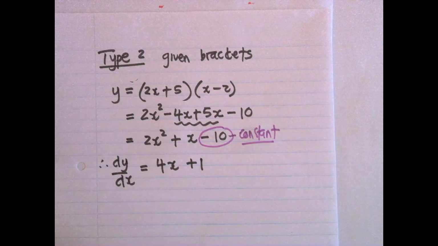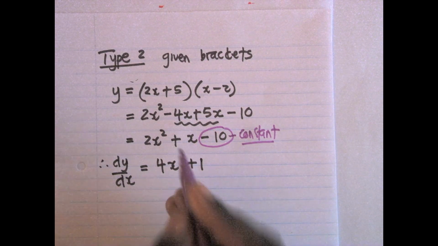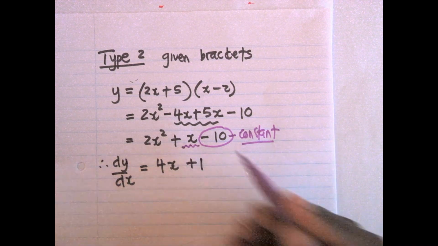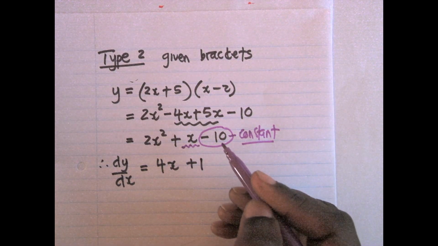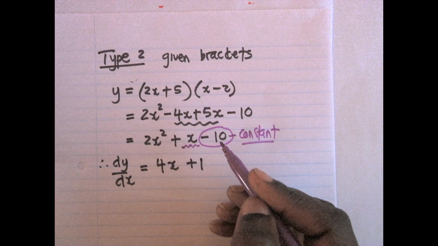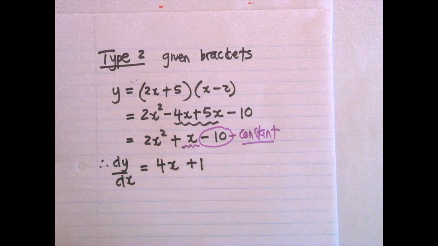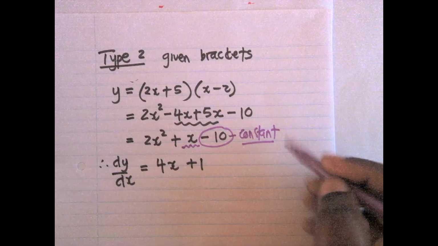Always remember that. And by now, you should also have realized that if we are finding the derivative of an algebraic term whereby the exponent of x is 1, we just take the coefficient. Maybe I can do this one in a cloud.